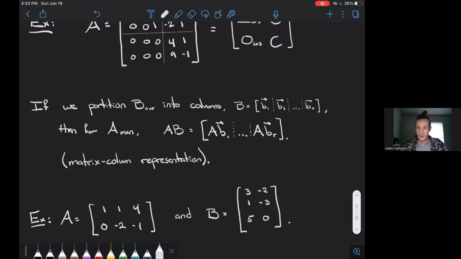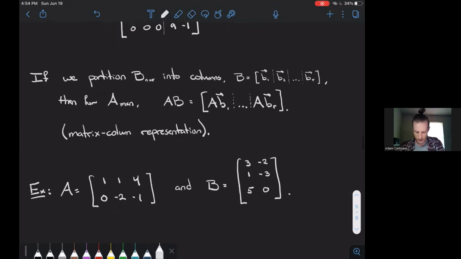If A is an m by n matrix, so again, the number of rows of A is the number of columns of B, then we can do what's called the matrix column representation of the product AB. It's a matrix which is partitioned by its columns, and every column is the corresponding column vector of B times the matrix A. Let me show you this.